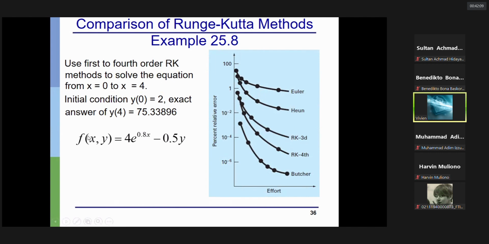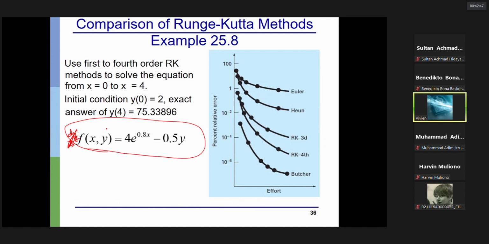For example, dy/dx will be equal to this function, and we want to use the first up to fourth order Runge-Kutta to solve the equation from x0 to x4. Sorry, this is the real function, so this is the analytical solution. If we have the initial condition at x0, the value of y will be 2.